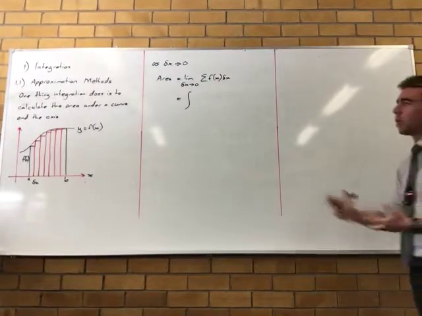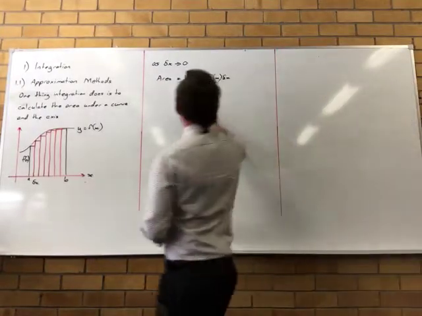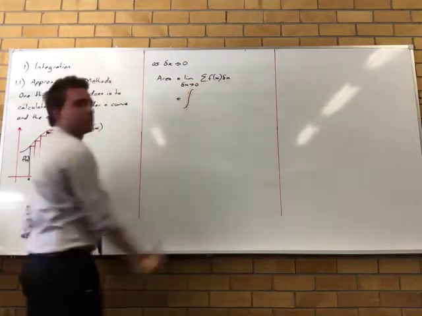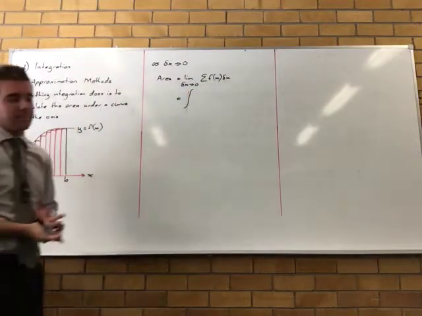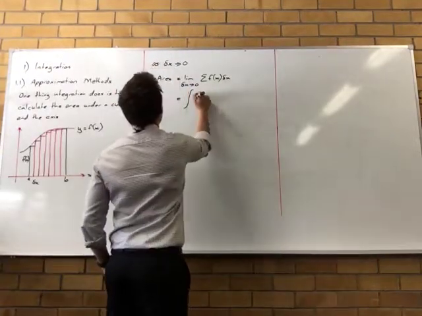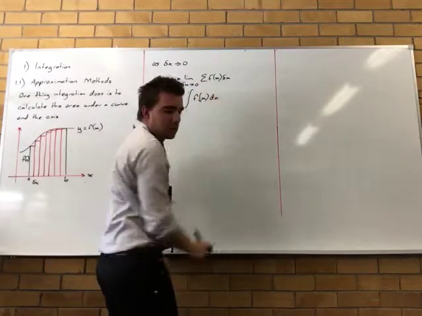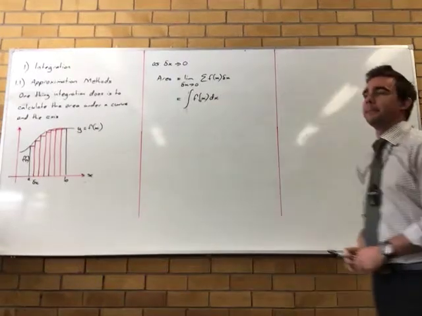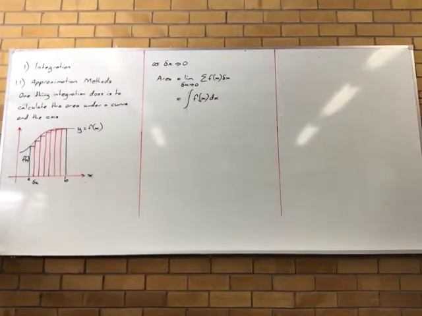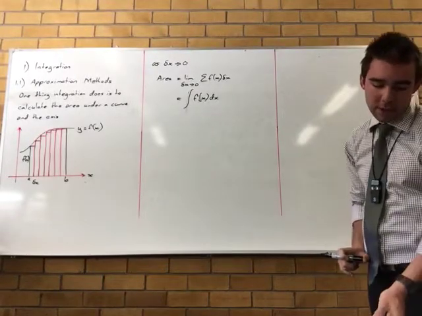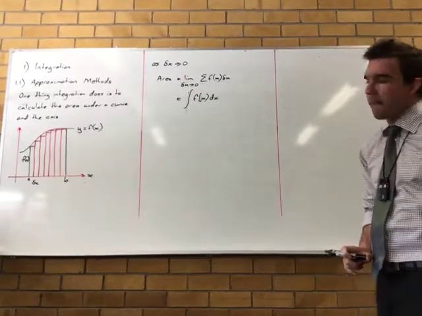It's like an f without the cross, something like that, of our function of x with respect to x. And we'll talk about that more a bit later on. So that's just the introduction for what we're doing.